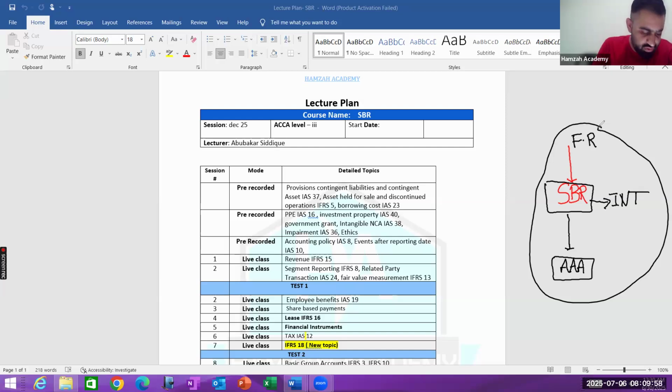If we talk about the exam pattern of SBR, the paper of SBR will be a computer-based exam, means it would be a CBE exam, computer-based exam, first of all.